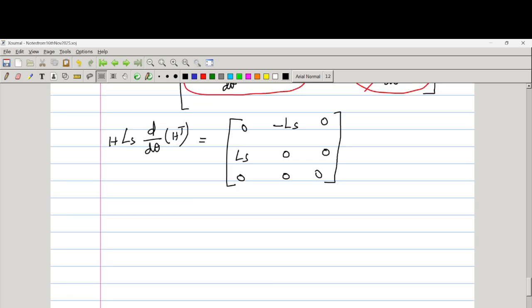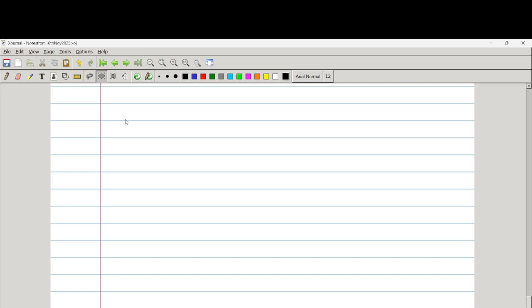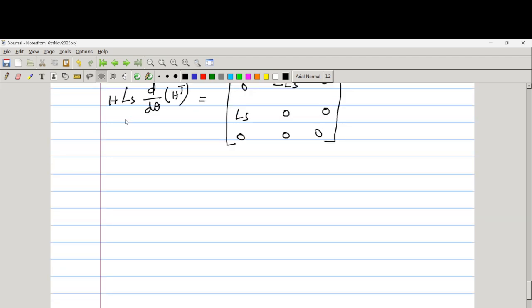So we can write it here: UMSR transpose into d by d theta of H transpose plus UG1 transpose into H transpose.